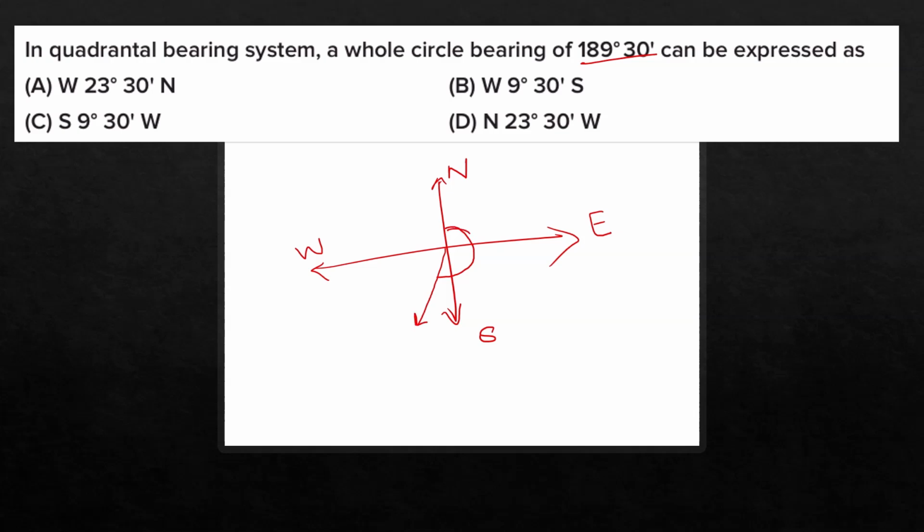This angle is 180 degree and this is 9 degree 30 minutes. Total angle is 189 degree 30 minutes. In quadrantal bearing system, this whole circle bearing can be represented as south 9 degree 30 minutes west. So option C is the answer.